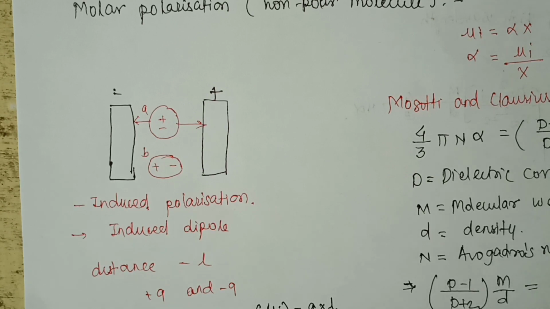But this lasts only as long as we apply the electric field. As soon as we remove the electric field, it is also removed, so it is known as induced polarization, and the dipole formed is known as an induced dipole.